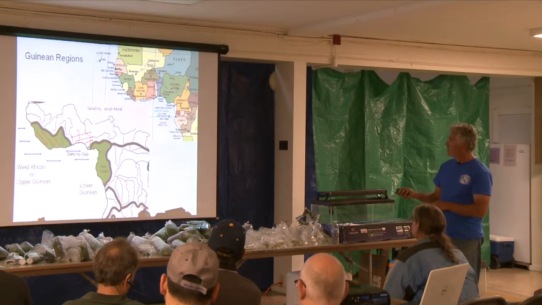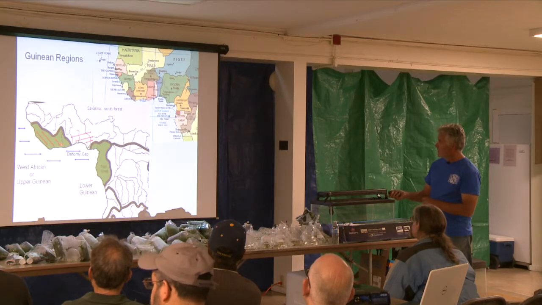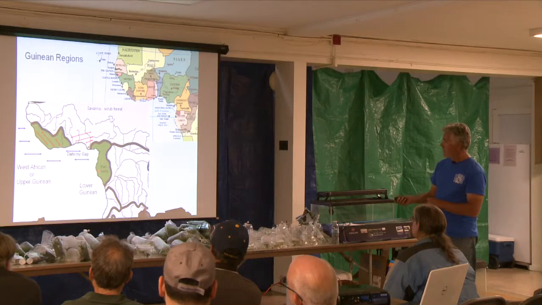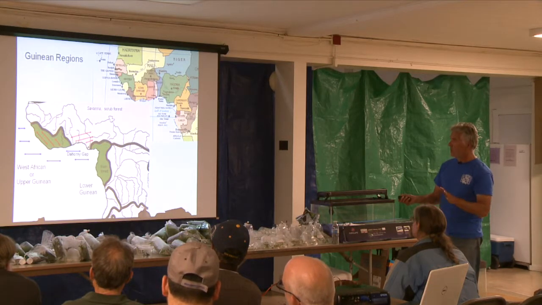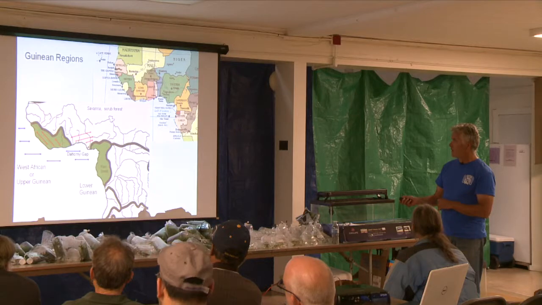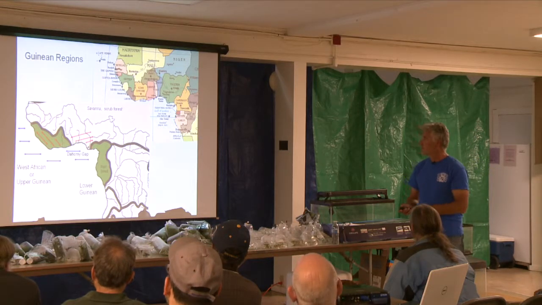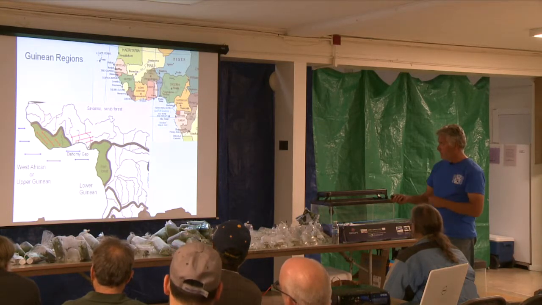So we'll move on to the Guinean regions. You've got these countries here. You've got West Africa, or the Upper Guinean, and you've got the Lower Guinean here. Everybody kind of lumps this together, but in between these, if you're a killifish guy, you know this: there's the Dahomey Gap, which is a big, arid, fairly dry area in between the 2 rainforests. The weather comes in off the Atlantic, heading east.